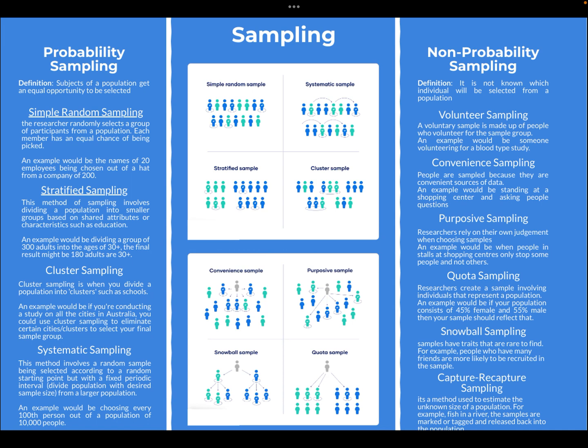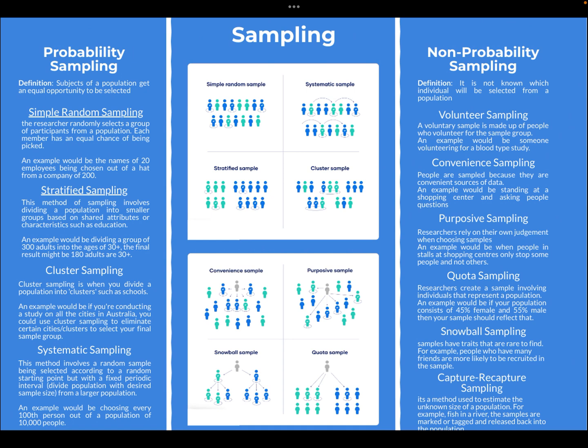And in terms of sampling, it could be probability sampling or non-probability sampling. Probability sampling means that anyone in the population gets an equal chance of participating in the survey or the experiment. Whereas with non-probability sampling, not everyone gets an equal chance. You might be asked to volunteer, or you might pick a certain group.